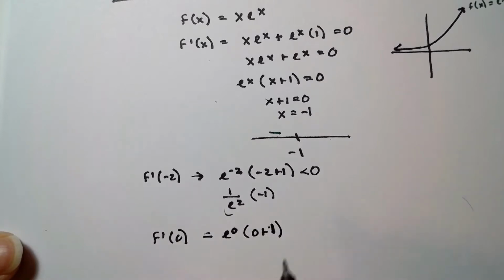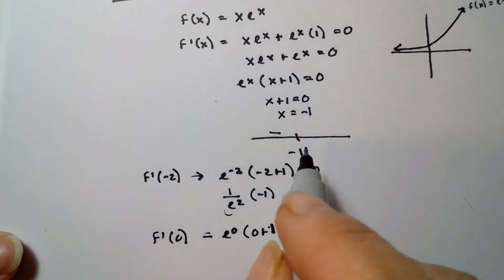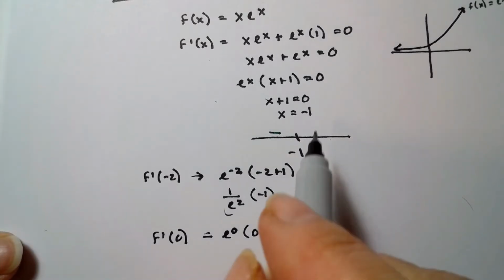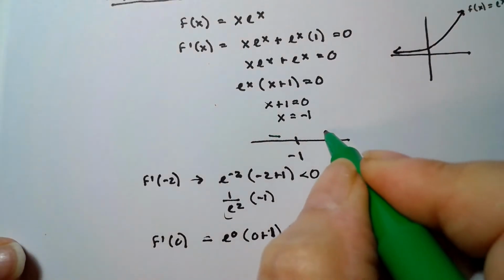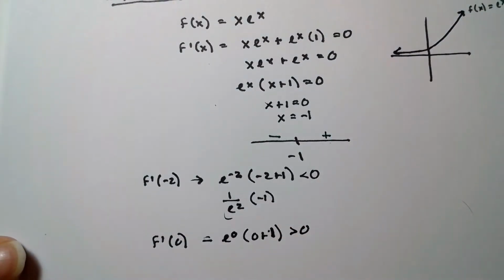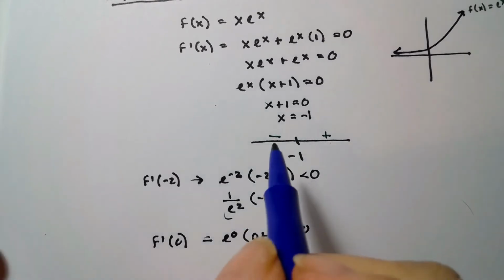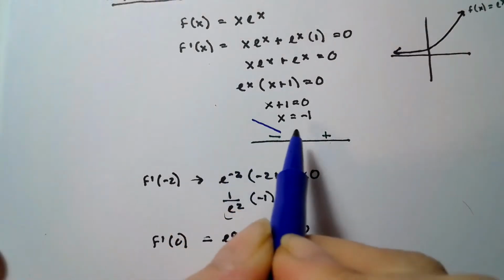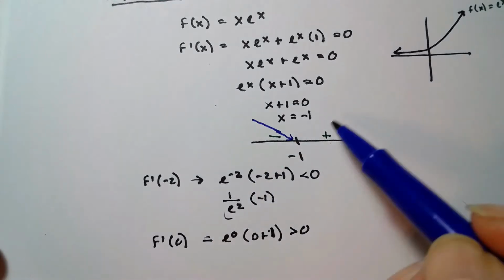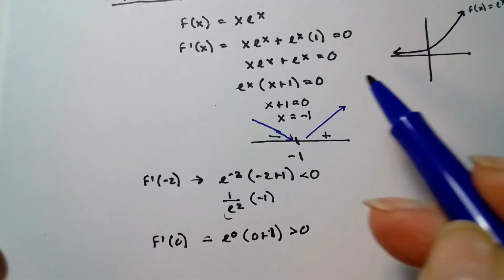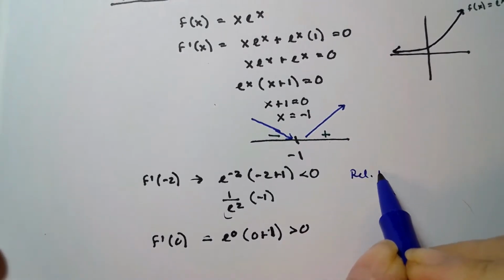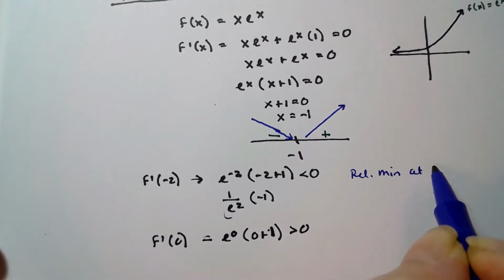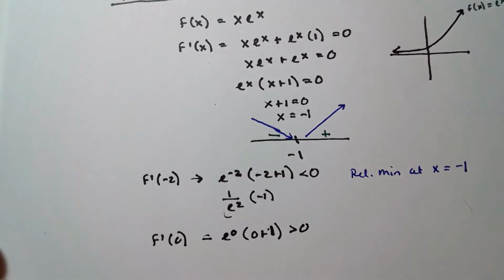So e to the 0 is 1 times 1, so a positive times positive is positive. So this is a positive value, so I know my derivative is positive here. Based on that, I know that the function f from -infinity to -1 is decreasing, and from -1 to positive infinity it's increasing, and it's at the bottom of the bowl.